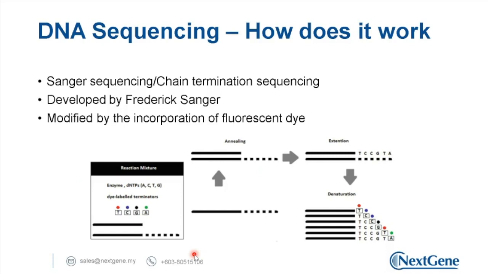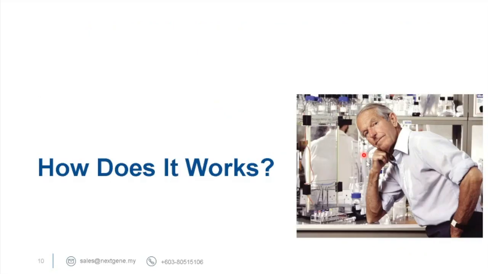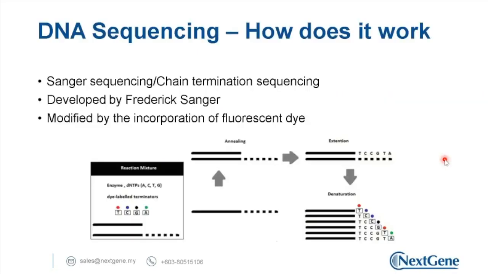The first generation of DNA sequencing, which will be the focus of today, is called Sanger sequencing. Sanger is named after the person who developed it, Frederick Sanger. This is Professor Sanger, shown here.